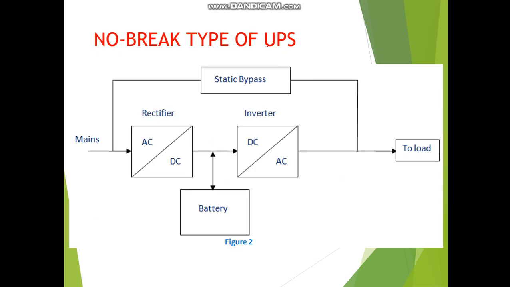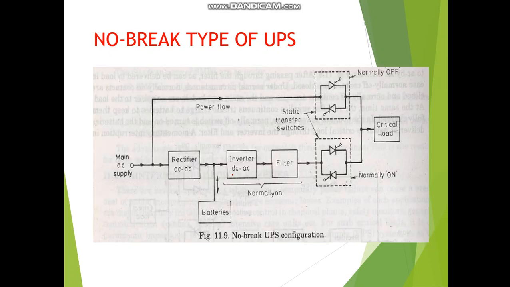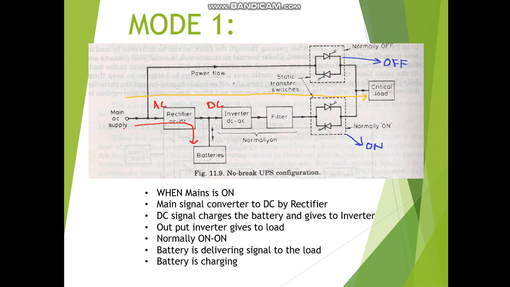Here there are four parts: rectifier, inverter, battery, and static bypass. Here also we have three modes of operation. This is the block diagram. In the first mode of operation, mode 1, when the supply is on, the main signal is converted to DC by the rectifier. This yellow line gives the supply from main to the critical load.